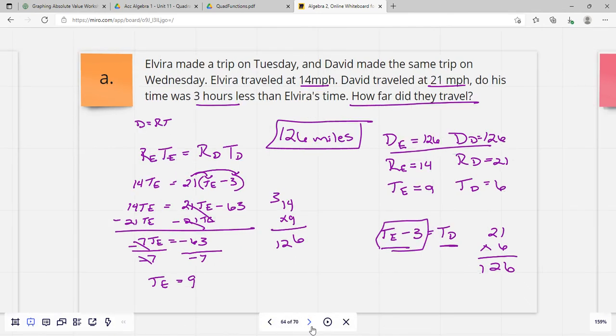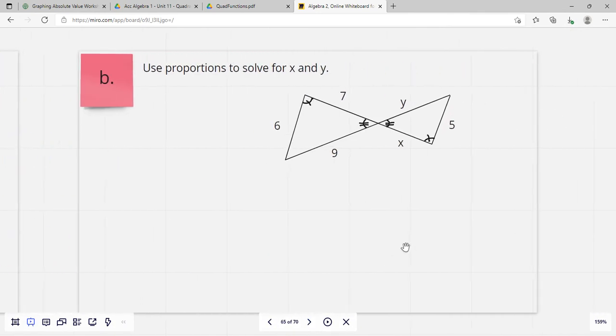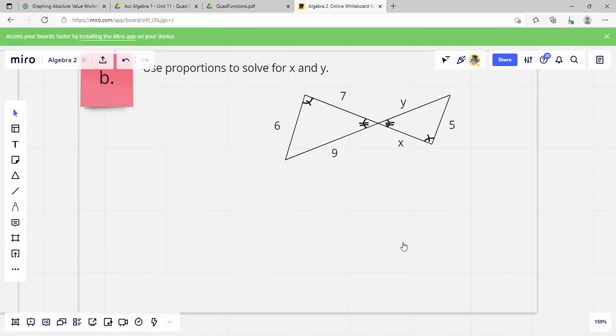All right, next one. On this one we have 2 triangles. And we know that some of these are similar. I'll use some different colors to help us. So this one with 1 right here would be equivalent to this 9. This one with 1 would be the y. So 9 and the y are similar. These 2 little marks are equal, right?